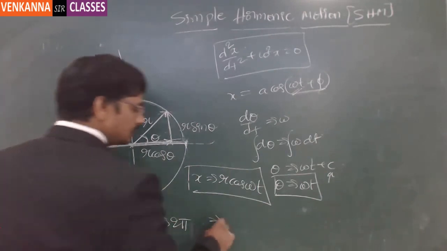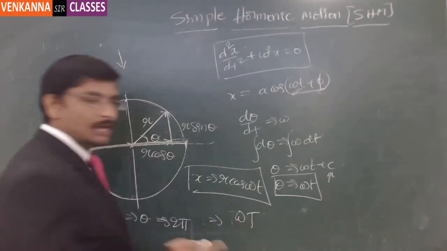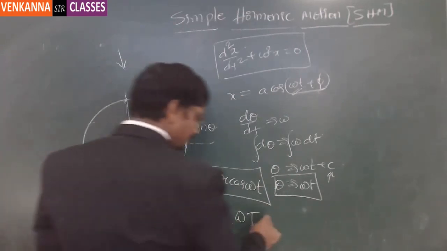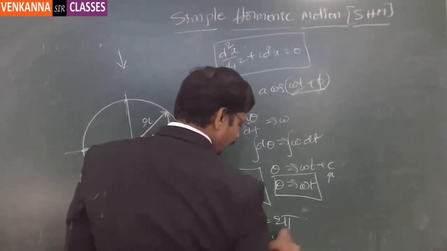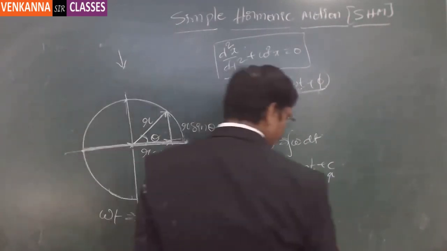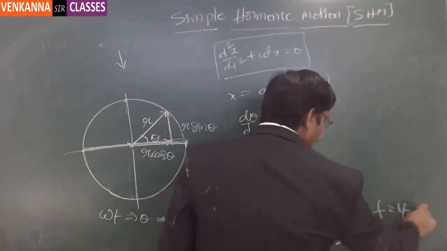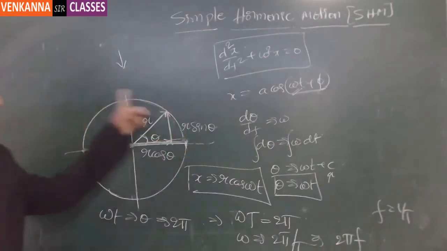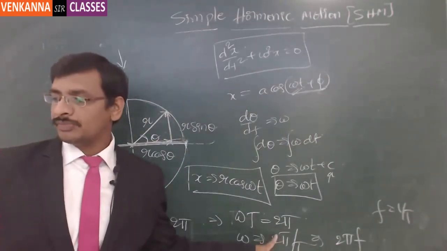Hence, omega times capital T, the time period of the complete cycle, is equal to 2 pi, or omega is equal to 2 pi by T. And this 1 by T is treated as the frequency, so omega is 2 pi f, where f equal to 1 by T. Now here, for one complete revolution, it took a time of 2 pi by omega.